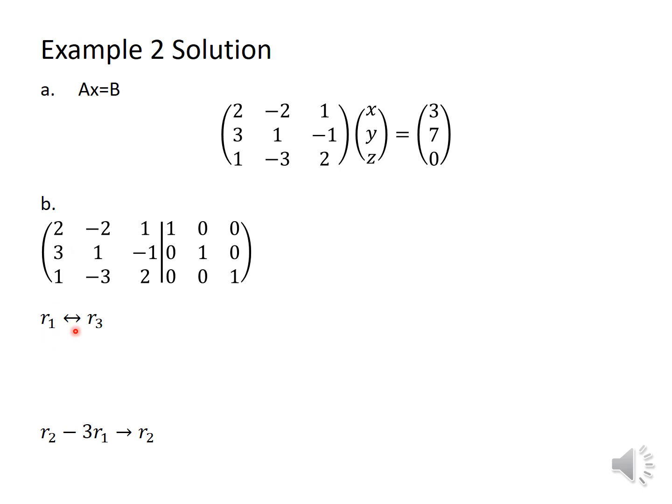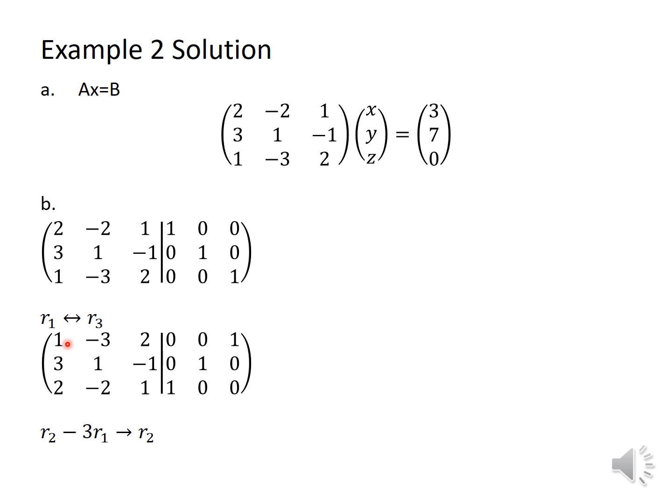The whole first row I put here, and the third row I put at the first row. So my first element has already obtained 1.